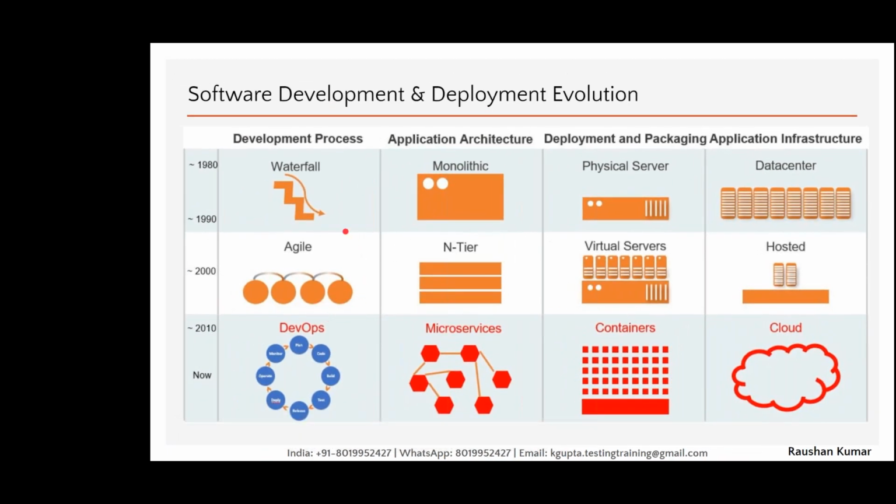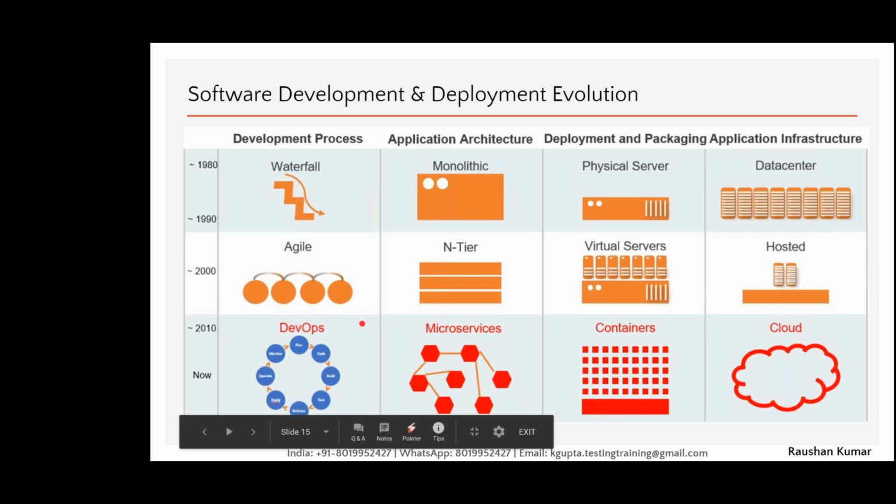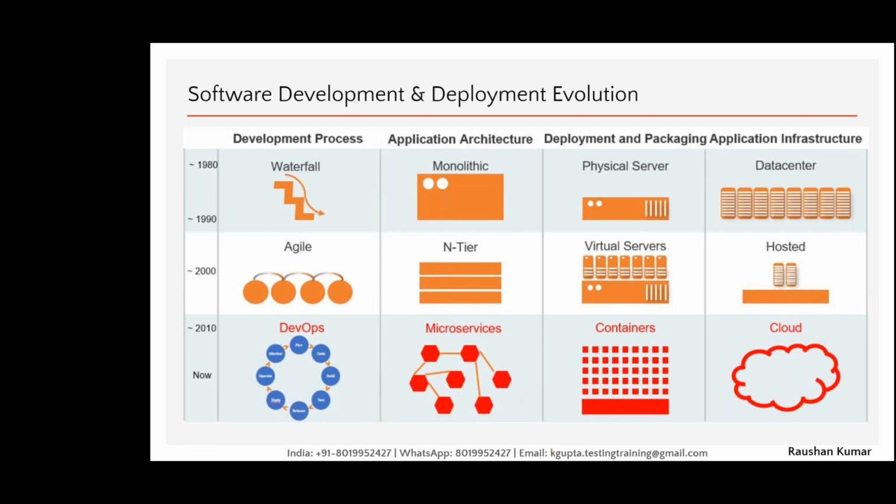We started with waterfall. Most of the companies are still using agile, but DevOps is the trend now, where we want everything automated. We are moving towards automation, and we always need to keep in mind ways we can automate stuff, and that will add value in our day-to-day life.